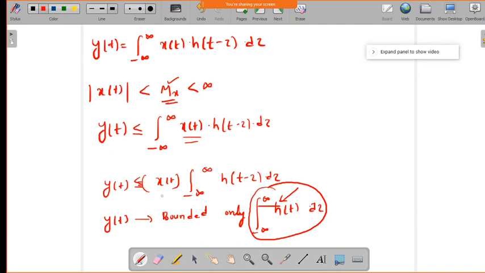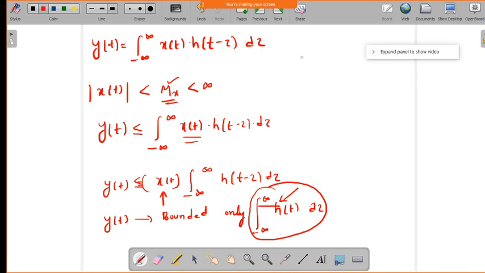Only then can we say that the output of the system is bounded. Since the input is already bounded, if your output should also be bounded, then your impulse response must be absolutely integrable. That means the integration of the impulse response should give a value which is less than infinity. Then you will get the output of the system which is bounded.